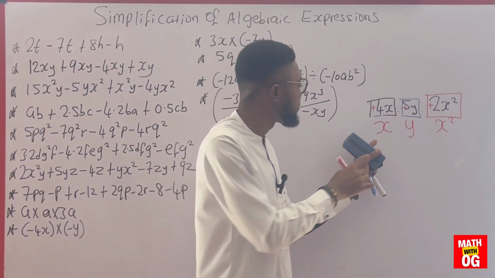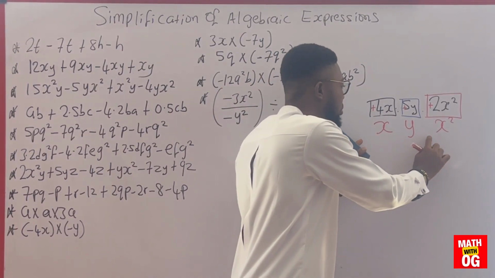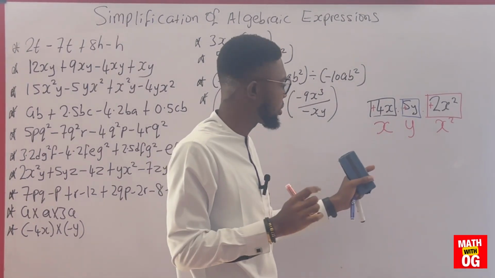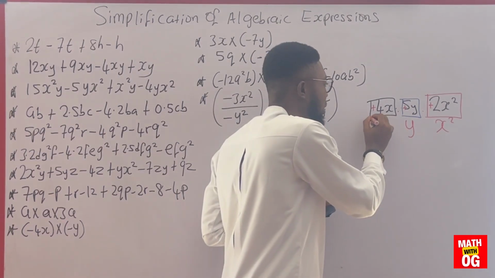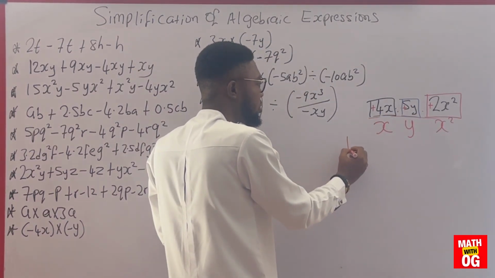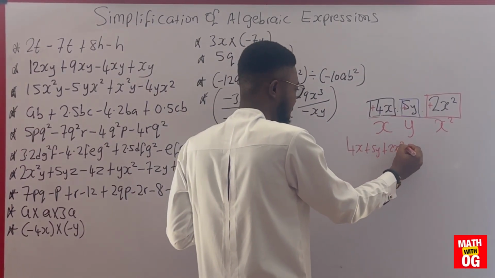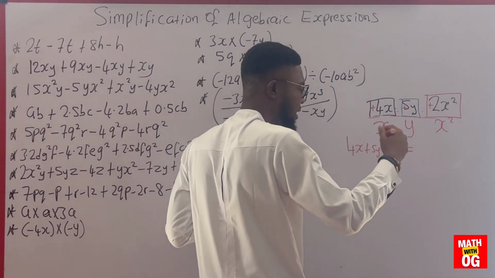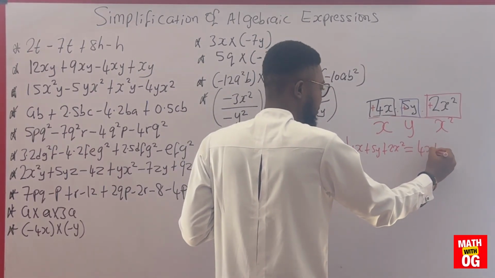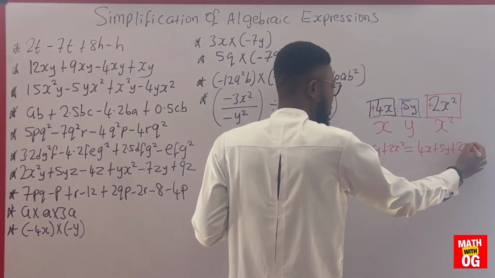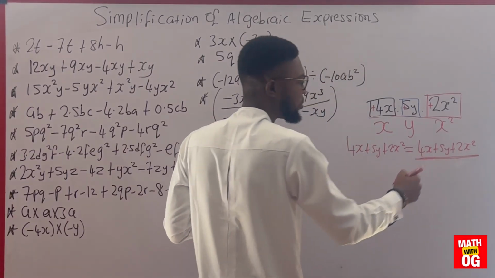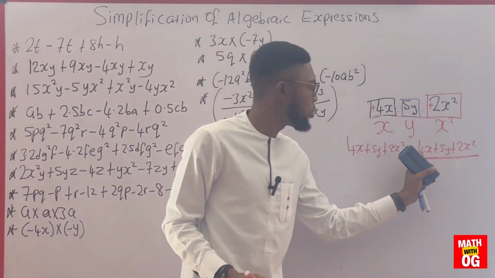Because these variables are different, you cannot add up these guys. So if you see a question like this, 4x plus 5y plus 2x squared, the simplified answer will remain 4x plus 5y plus 2x squared. There's nothing you can do to simplify this further, except you want to factorize.